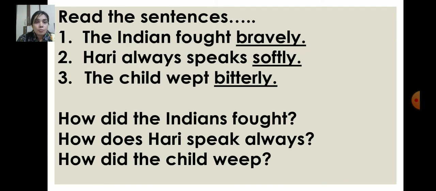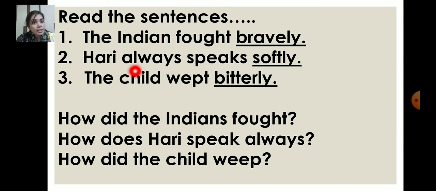So now let us see more examples. Read these sentences. Number 1, the Indians fought bravely. Hari always speaks softly.